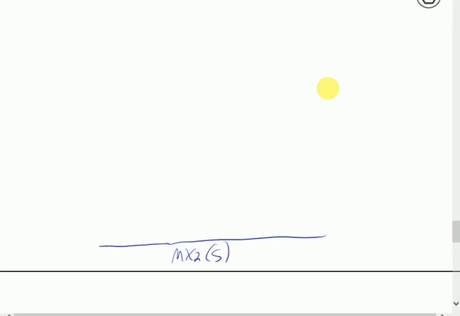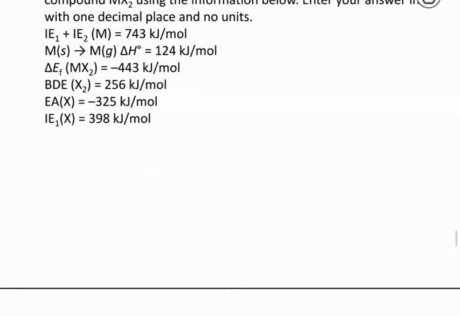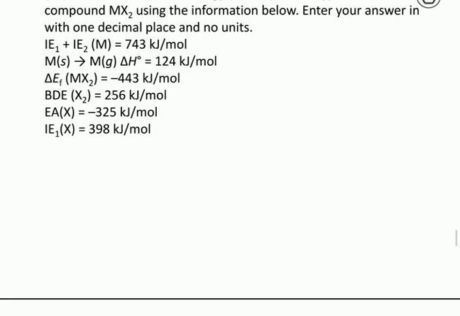So if we have MX2, where, I guess I should have been more specific. So we're given electron affinity for X and just the first ionization energy for M. So that means, oh, sorry, we're given this.